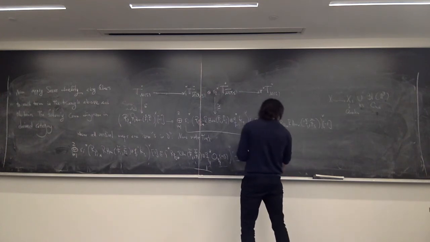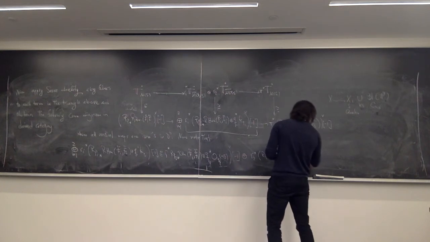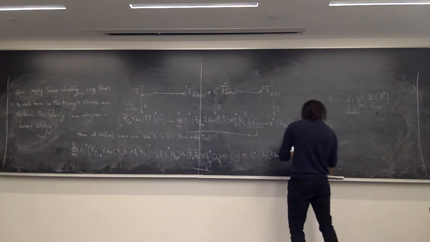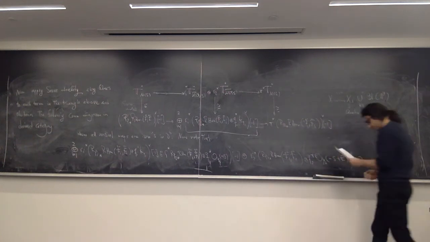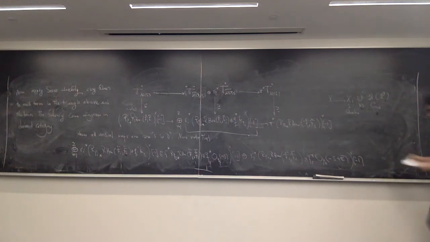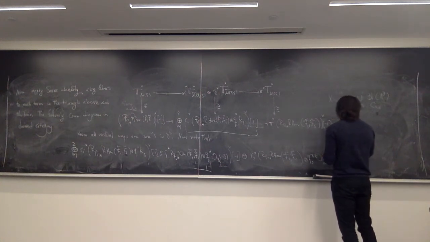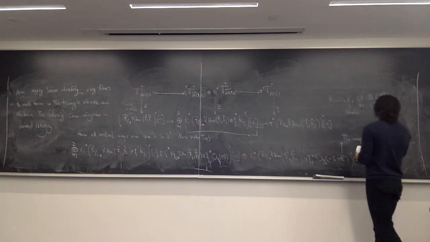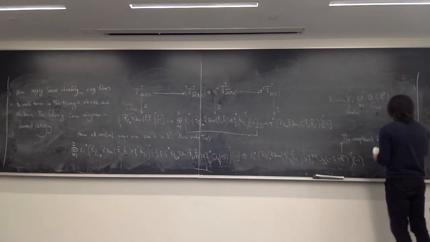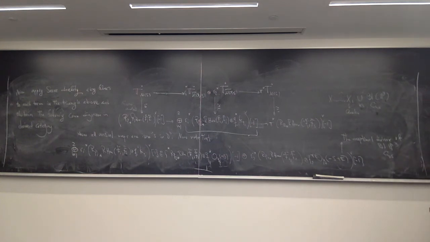I mean, it's not much of the trouble, but I'm just trying to be careful in here because Q2 upper star over Y2 minus S plus E, shifted by minus 1. Okay? E is the exceptional divisor of blow up of P3 along that complete intersection.